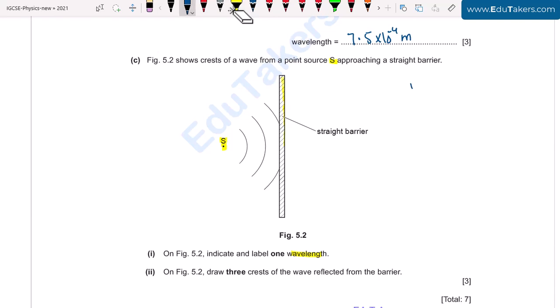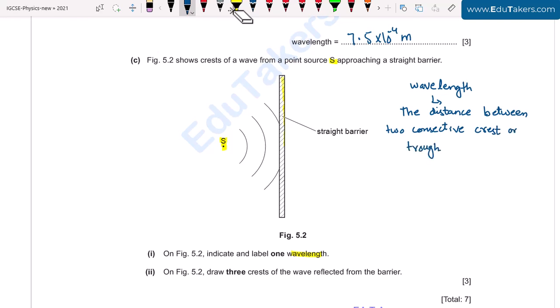Wavelength is defined as the distance between two consecutive crests or troughs.